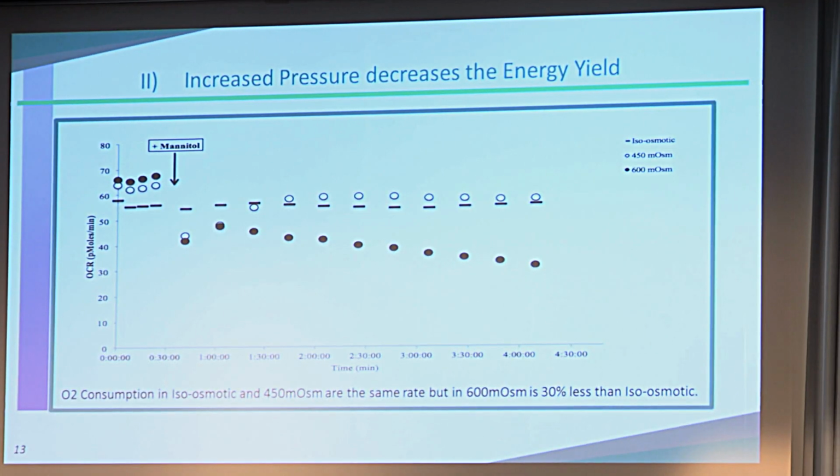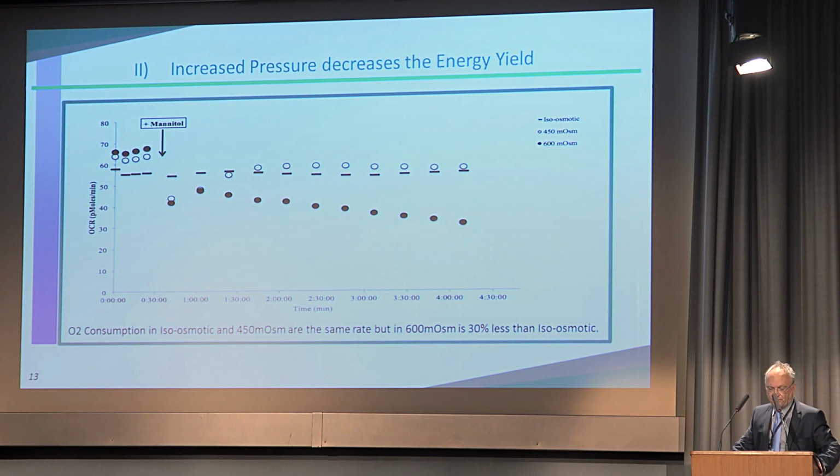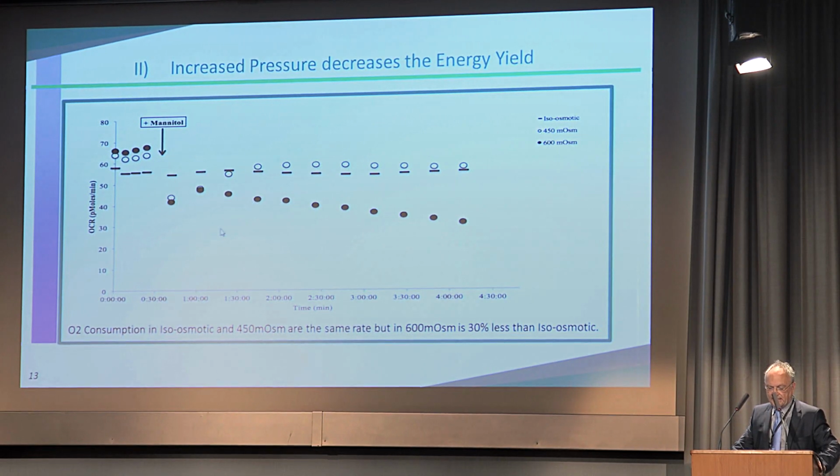So we tried now to see if we can induce the Warburg effect with pressure. I'm just going to show you one slide. It's data I got from Frédéric Bouillot from Cochin 2 days ago. But if you put the cells, and these are regular CHO cells, on mannitol, so if you increase pressure, you will see that the cell respiration goes down.